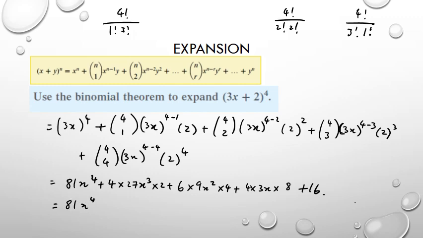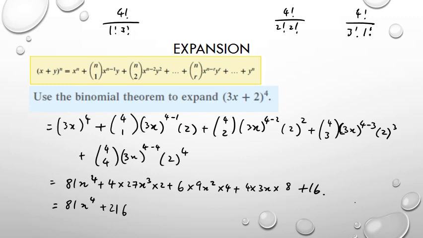So then 81x to the power 4 plus, what's that? 8. 8 times 7, 56. 8 times 2, 16. So 16. Seems right.